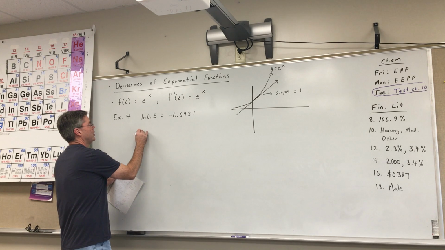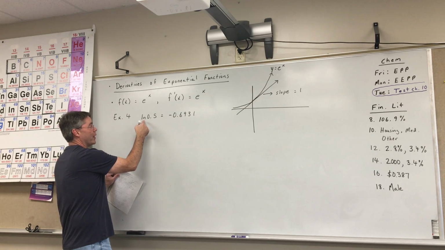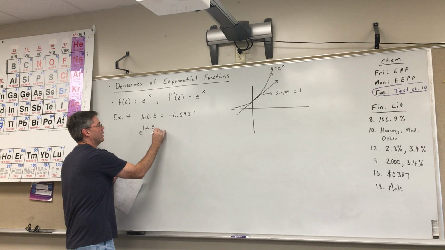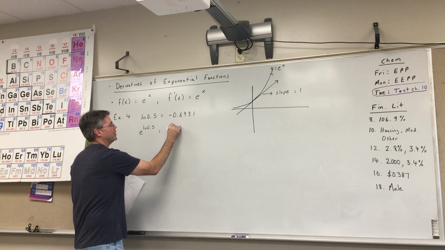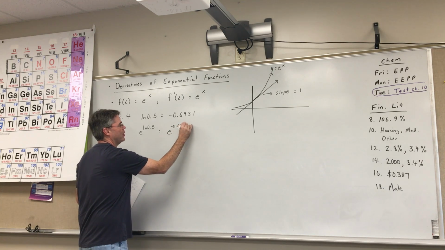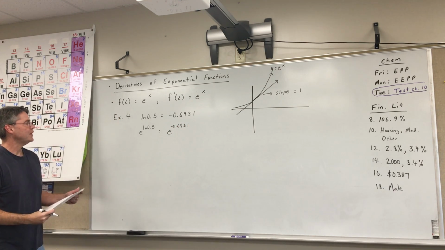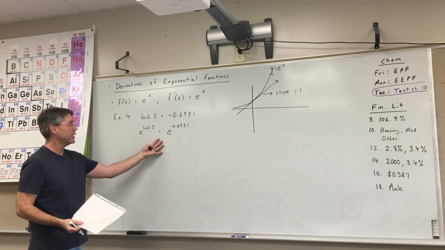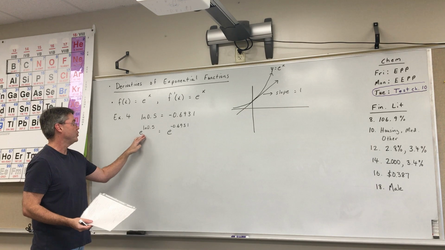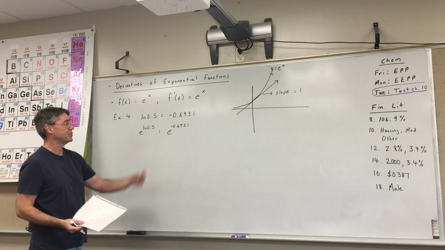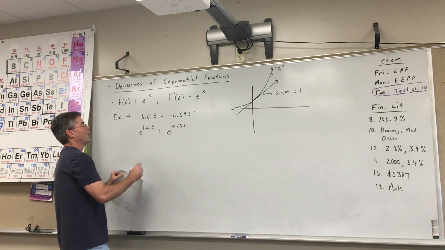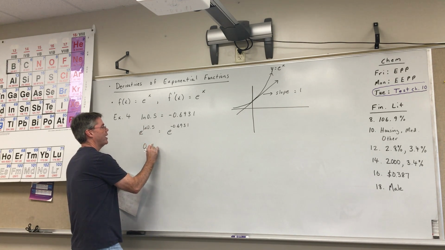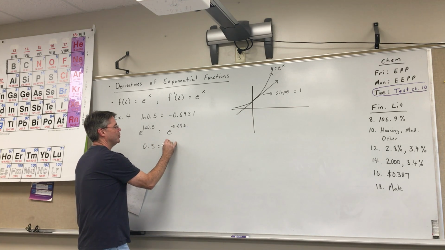So that means write a base of e and raise e to the natural log of 0.5 power is equal to e to the minus 0.6931 power. That is the same thing. We're not doing anything mathematically incorrect, because if you have the same base, you can set the exponents equal to each other. All right, so now e and natural log cancel out. So we have 0.5 is equal to e to the minus 0.6931.